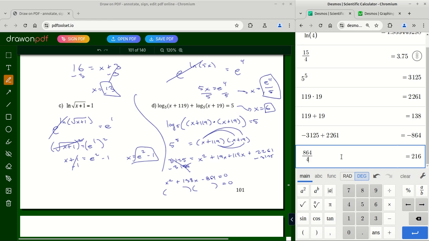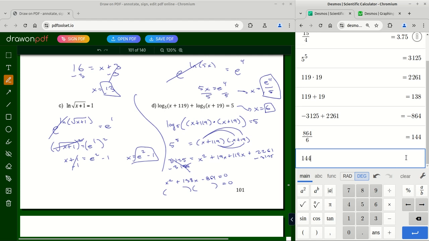A 4, 5, a 6, a 6, because 144 minus 6 is 138. There it is. Whew. So when you solve for x, I got a negative 144, and then I got a positive 6.